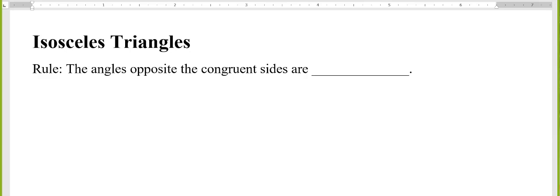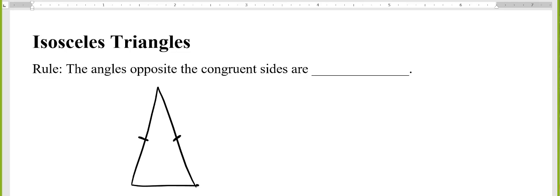Last bit of information. Isosceles triangles. We already know that isosceles means how many equal sides? Scalene is none. Isosceles, you have 2 equal sides.